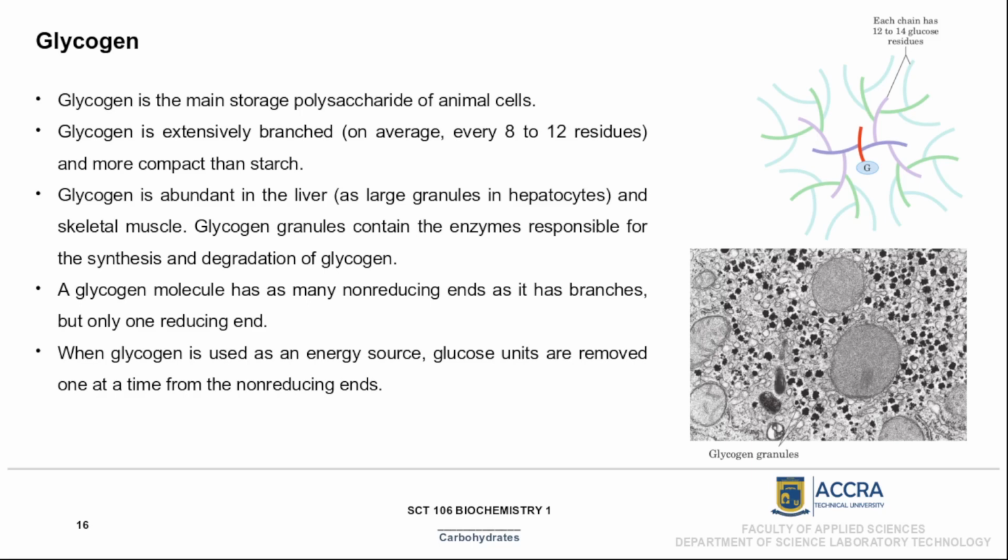Now, glycogen is abundant in the liver as granules in the cells of the liver, the hepatocytes. And the glycogen in the liver cells breaks down during times of fasting to give us energy. So in the night when we sleep, glycogen breaks down into the monosaccharide glucose to give us energy, especially to our brains.